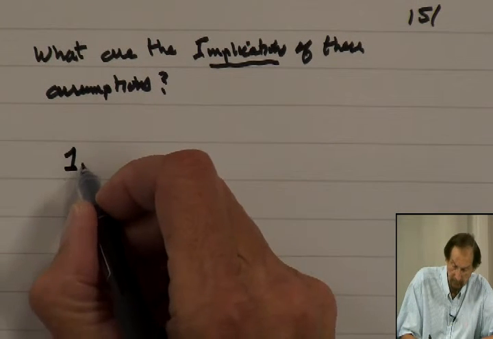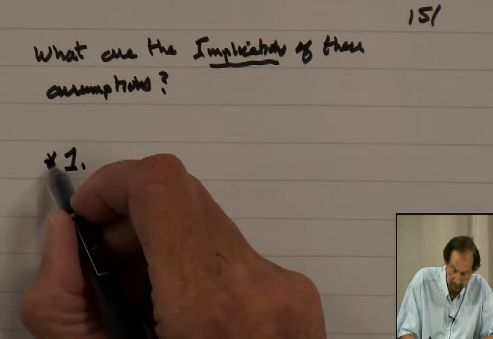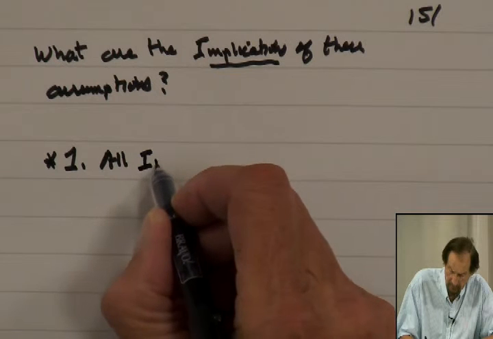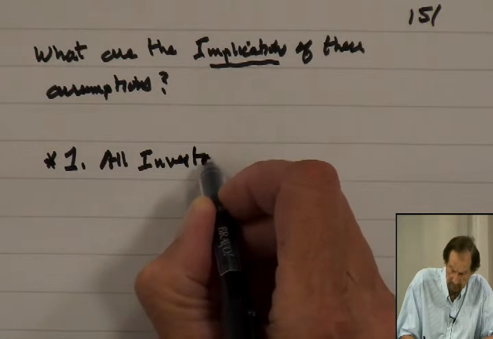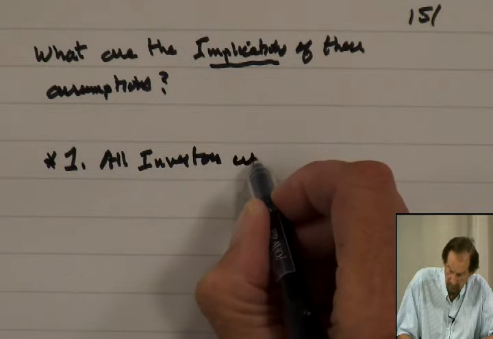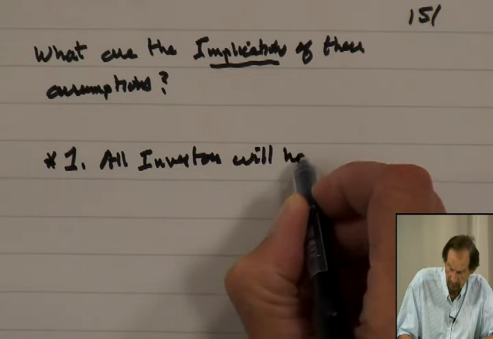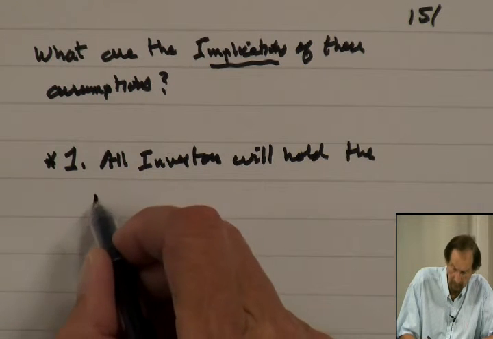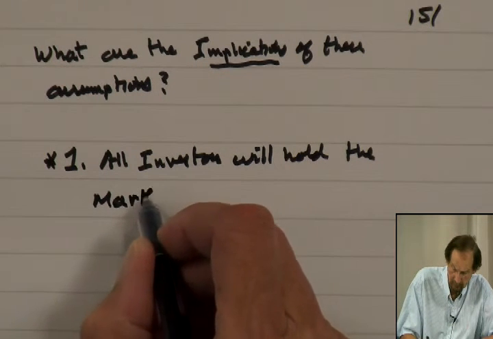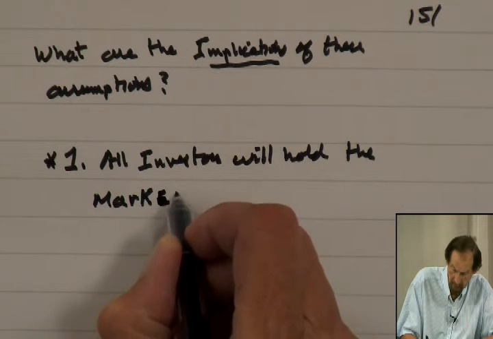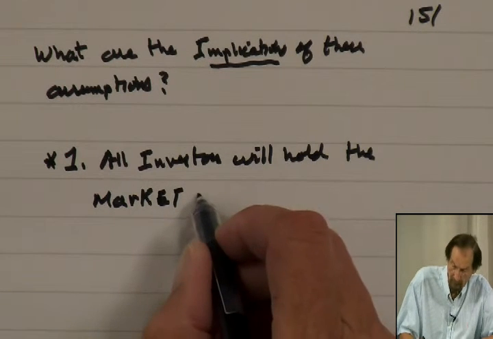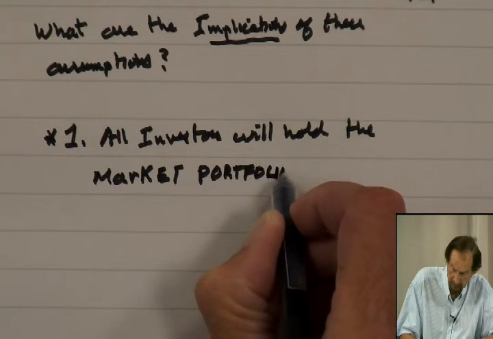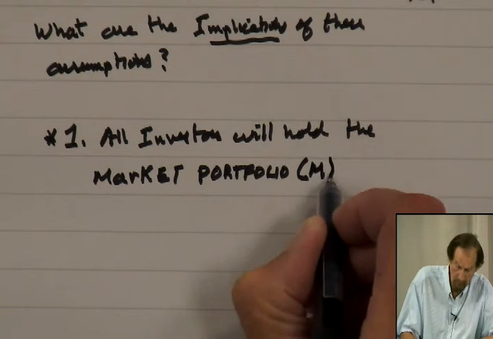First one says that all investors will hold the market portfolio. And we'll call that M. Okay.